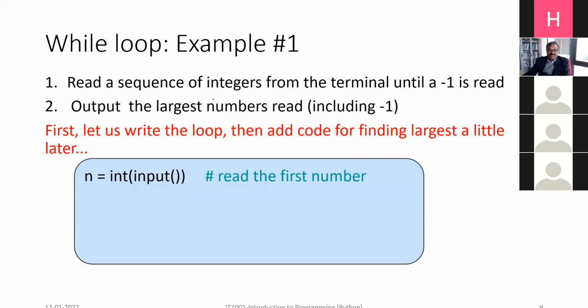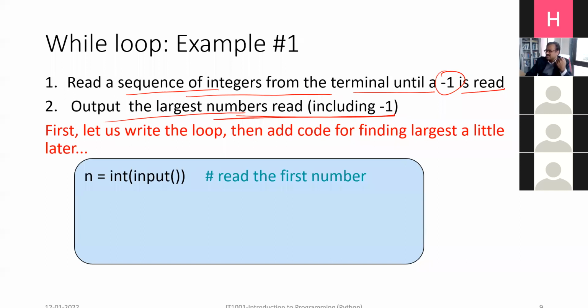So we have seen this example. Let's take another example. Read a sequence of integers from the terminal until we read -1. We are going to output the largest number read so far. Now, just think about this problem. Let's rephrase it. We'll get some numbers one after another from the user until we get a -1.